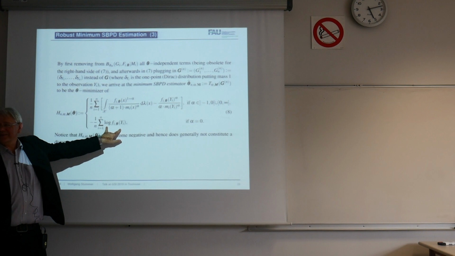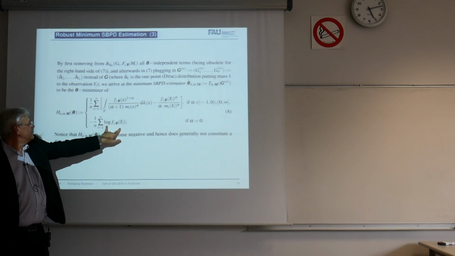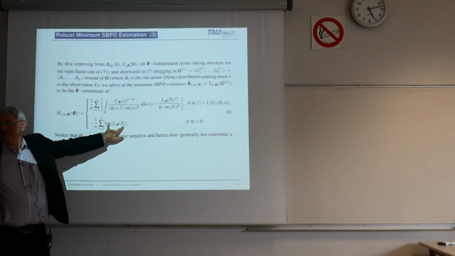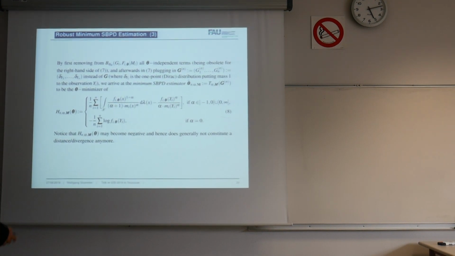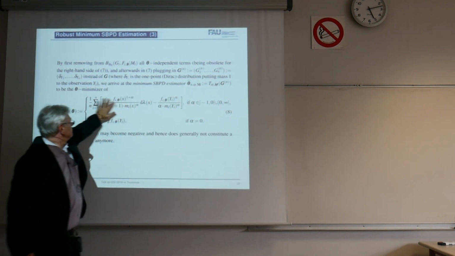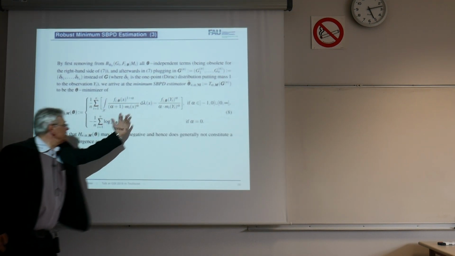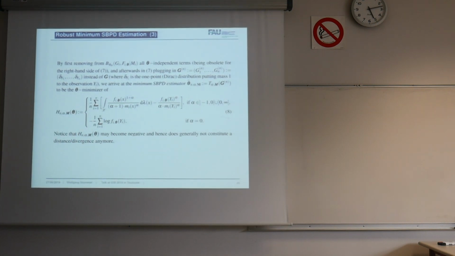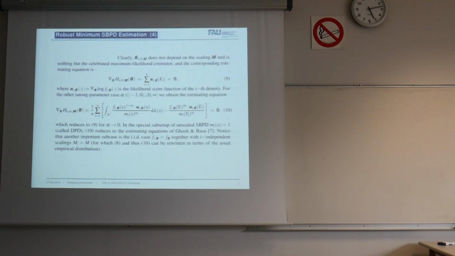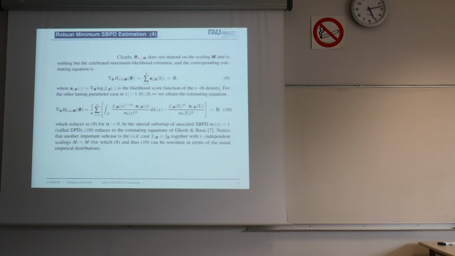This looks very familiar. Yes, that's the term to be minimized in the maximum likelihood case. But here we are more general, and of course here the scaling plays a crucial role. As I said, if alpha is 0, remember, it's always the Kullback-Leibler case, relative entropy, that means maximum likelihood.